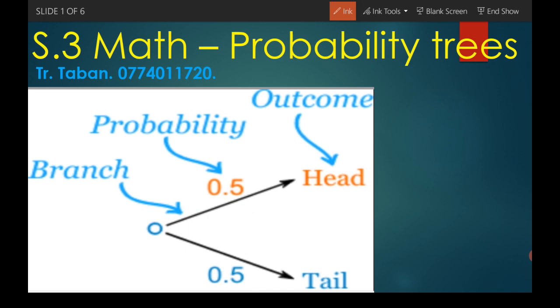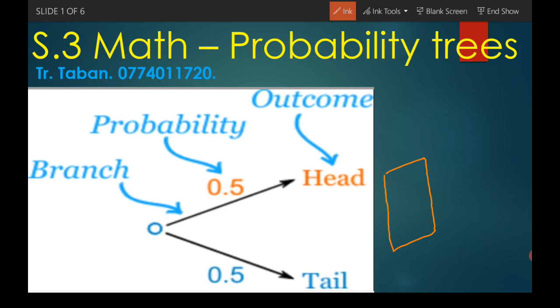I can give another example, still on the probability tree diagram. Assuming that you have a box again, and in that box maybe you have mangoes, or beads, or marbles, anything.